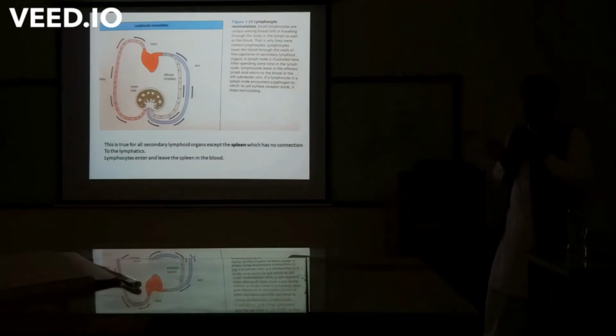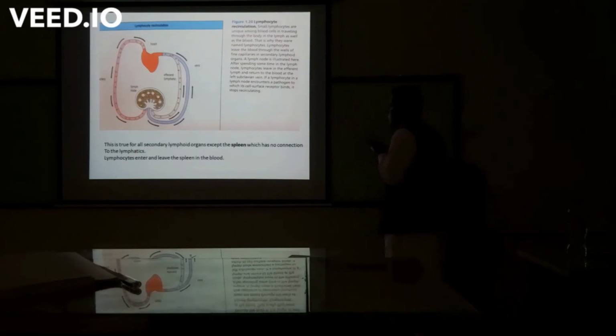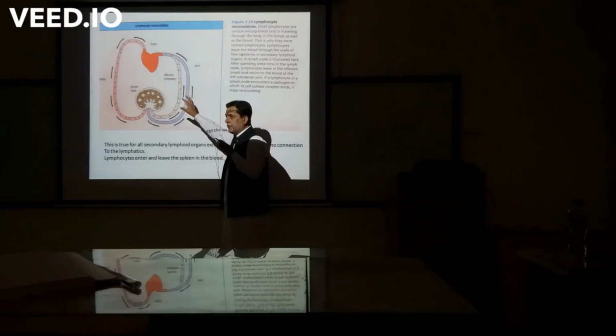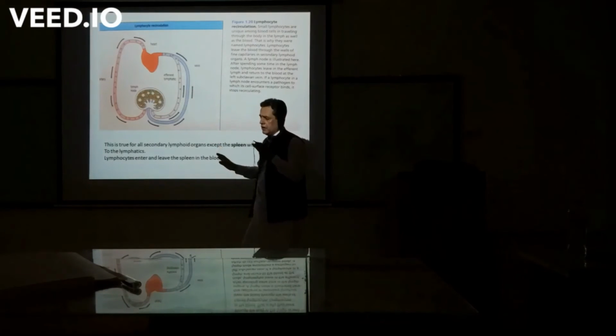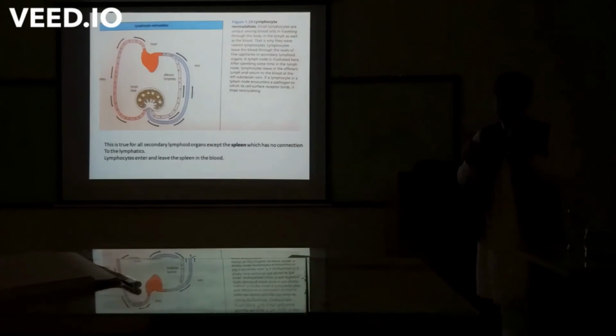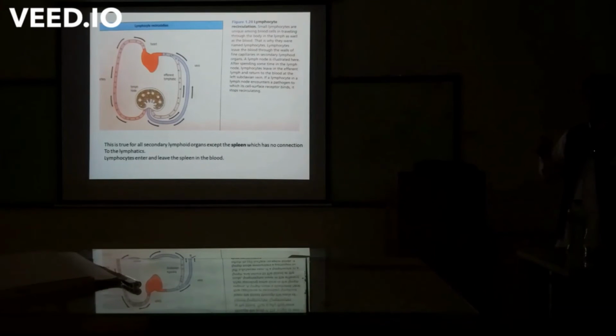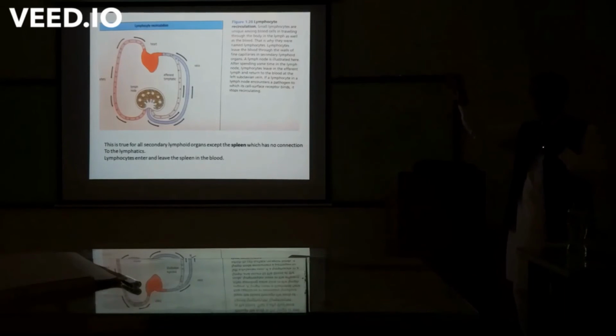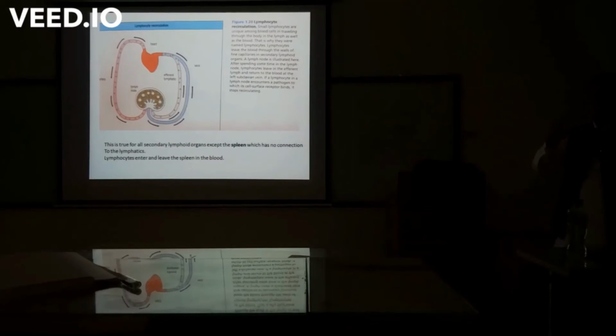Okay, so all the secondary lymphoid organs are equipped with a proper lymphatic system except the spleen, which does not have any lymphatic vessels. That's why only the blood vessels are going to take the lymphocytes into the spleen and take the lymphocytes out of the spleen. Okay, the lymphocytes are going in and they are coming out in arteries or in the veins.